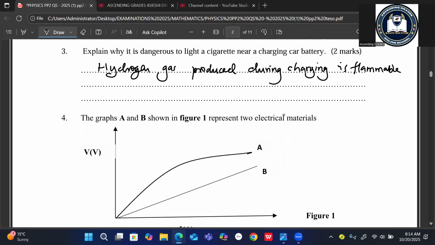Hence, it can ignite and cause an explosion.